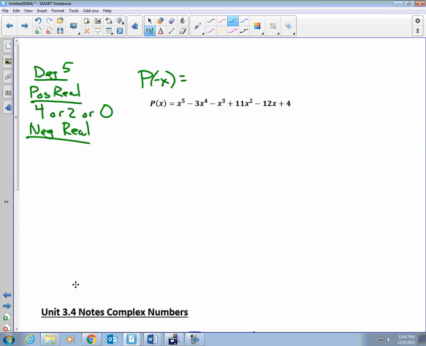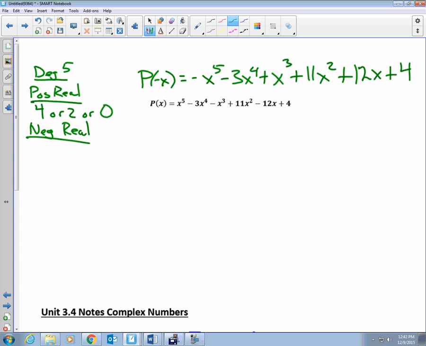So we have negative x to the 5th, minus 3x to the 4th, plus x to the 3rd, plus 11x squared, plus 12x, plus 4.